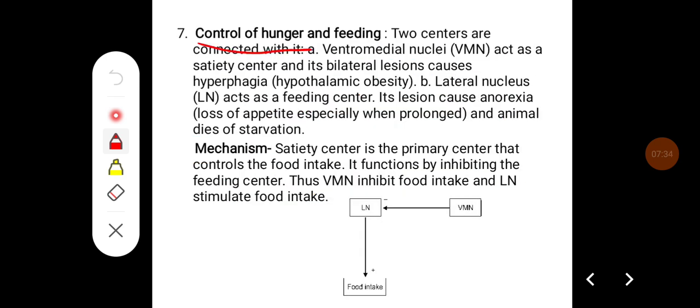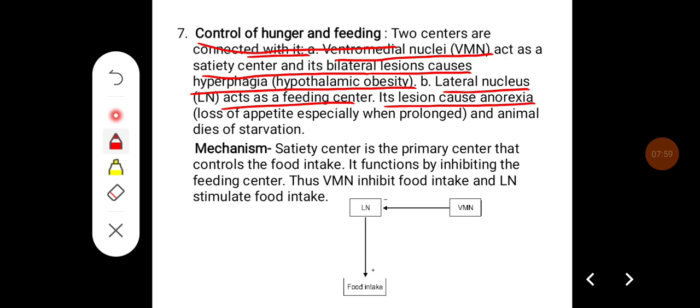Then control of hunger and feeding. Two centers are connected with it: the ventromedial nucleus acts as a satiety center, and its bilateral lesions cause hyperphagia, the hypothalamic obesity, and the lateral nucleus acts as a feeding center.